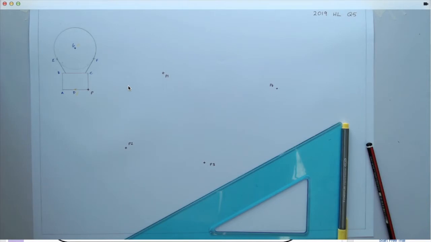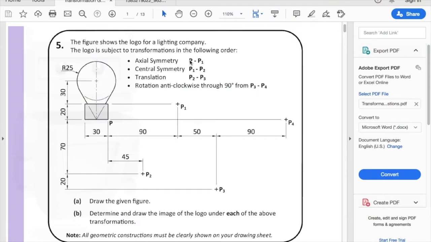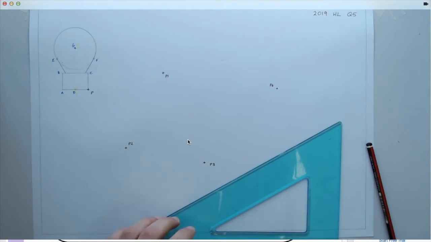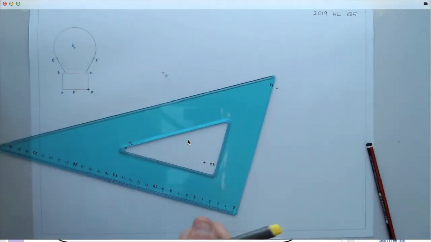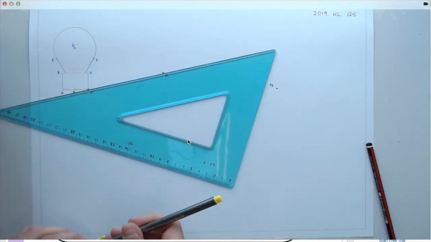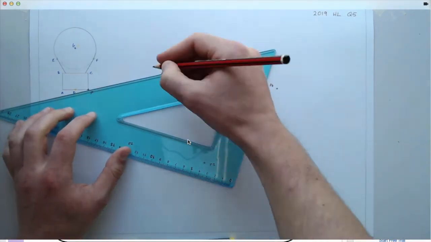So after that, we start off with our first transformation, which is an axial symmetry from P to P1. So P to P1, axial symmetry, we need an axis. So like I said to you the last day, what we'll start off by doing is join them up to each other. I won't actually do this in any color for now.